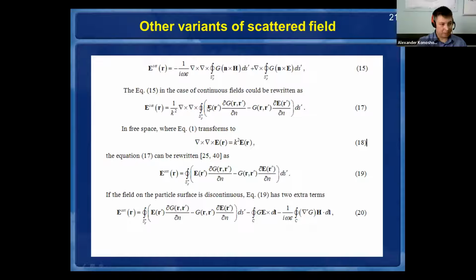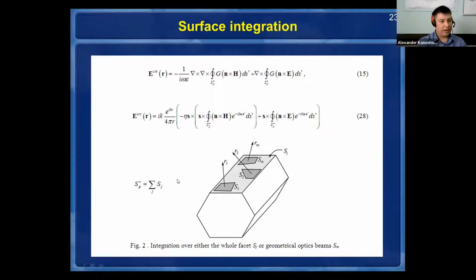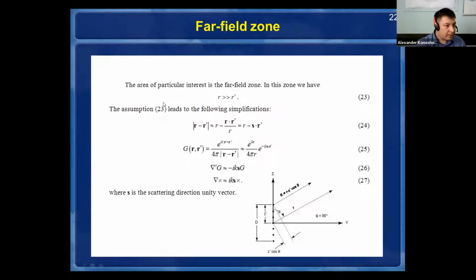But when we are talking about this really far field, we suppose this approximation for the far region, and we understand that all these scattering approaches produce the same result. And so we just transform this scattering over all the particle surface to this.